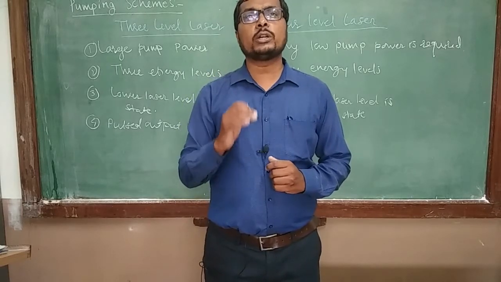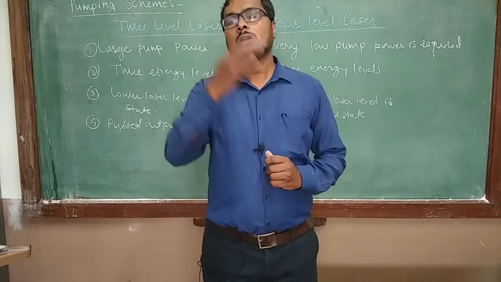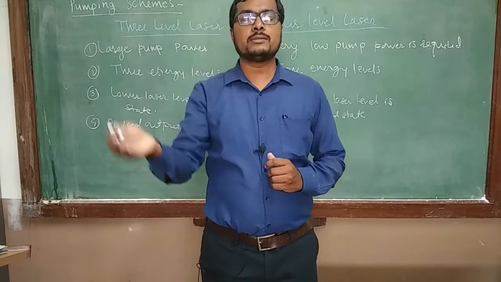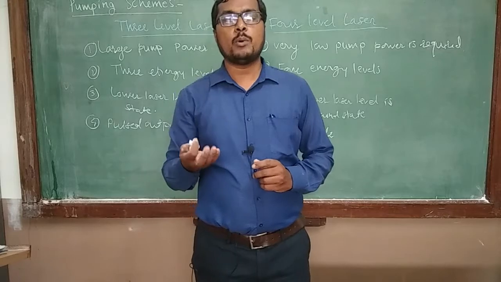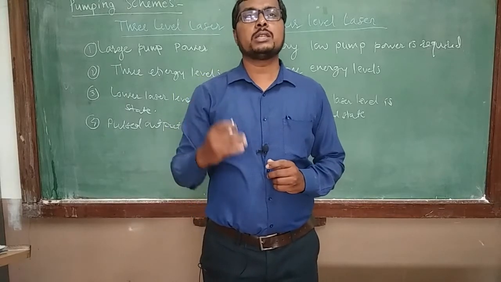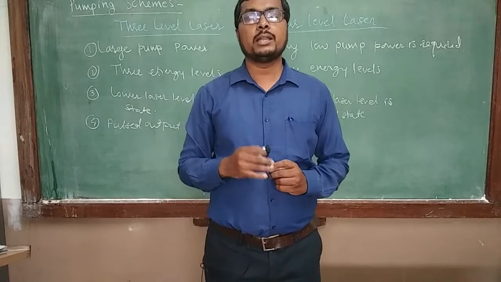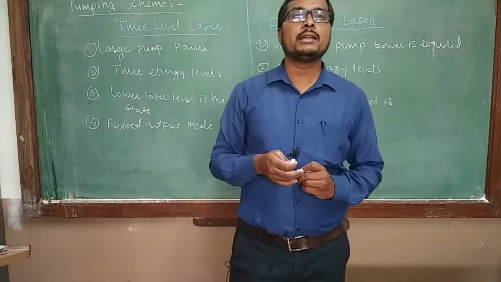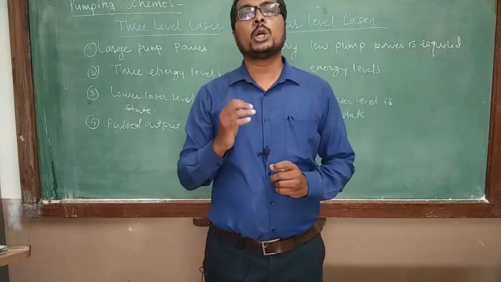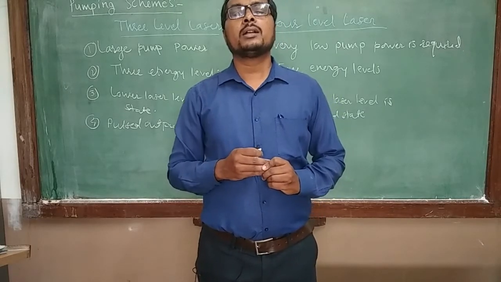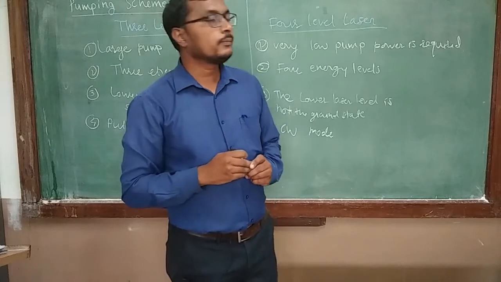Therefore there is no time lag, because the pumping agent continuously pumps the atoms, they come to level E3, and population inversion is achieved again. Population inversion will be maintained for a longer time, and therefore the 4 level laser will work in the continuous wave mode. So these are some of the merits and demerits of the 3 and 4 level lasers.